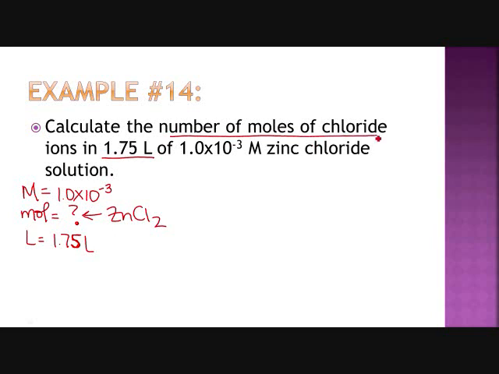So we have to solve for the moles of the whole thing, and then multiply by the ratio of chloride ions in the zinc chloride. Okay? Now I'm going to do it this way so I can show you how you can use the molarity as a conversion factor. But in the future, you can do whatever way works for you. Since I know molarity is moles per 1 liter, I start with my liters. I take 1.75 liters over 1.